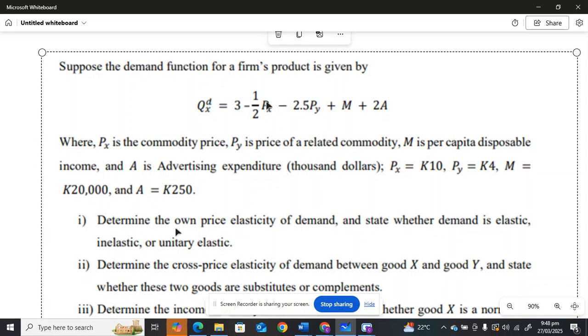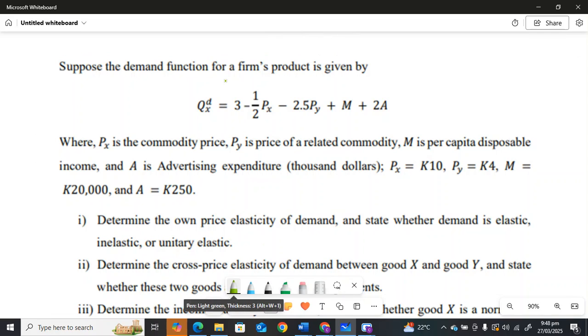So before we start solving the questions, colleagues, from this demand equation, what is quantity demanded of this good dependent on? When you look at the equation, which ones are the independent and the dependent variable?